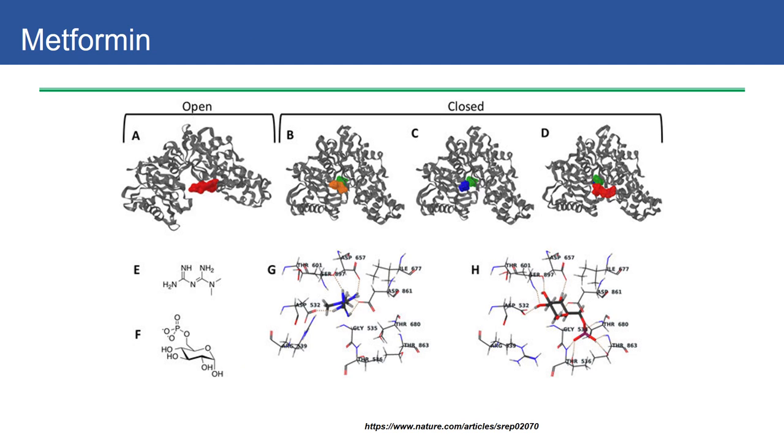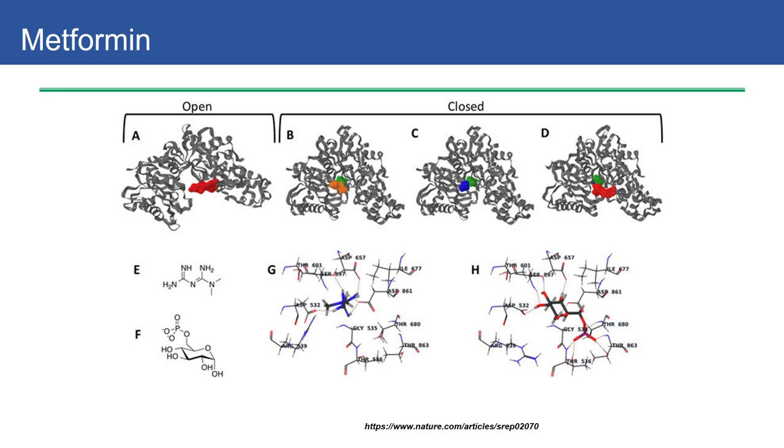One of the most common drugs that you're going to find out there is metformin. Metformin is a drug that inhibits ATP synthesis, so you can see one of its functions is that. It's a nice inhibitor of hexokinase, and it fits right in there with hexokinase 2 in particular.